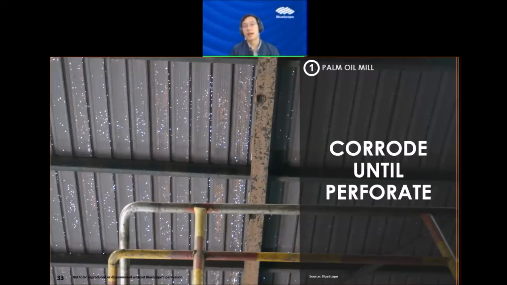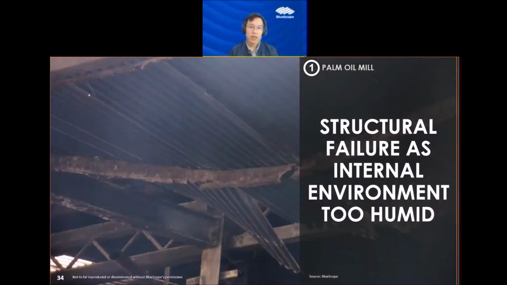And of course, in a severe case, it could even lead to the steel structures failing, because some of the steel structures might not be protected properly, and having also been exposed to the same humidity as well as steam, they start rusting. This is of course the worst case scenario that we have seen.